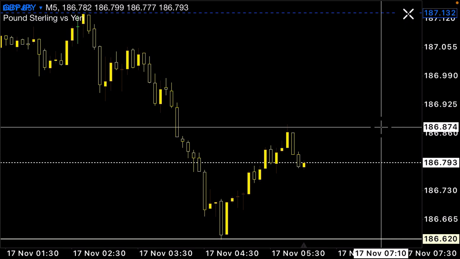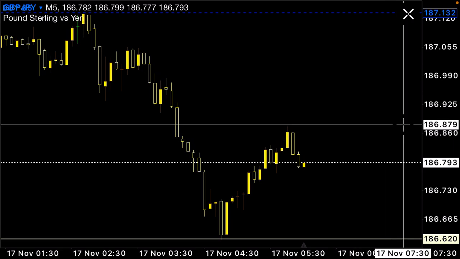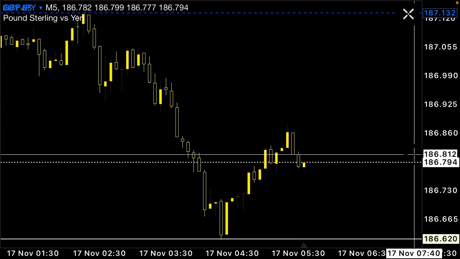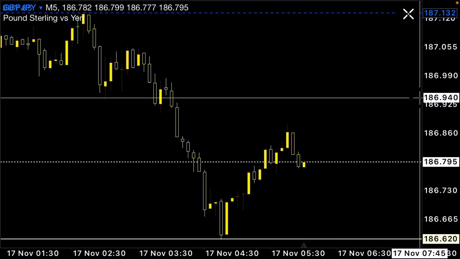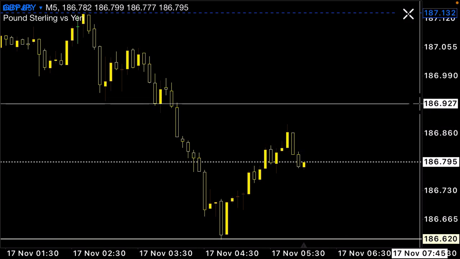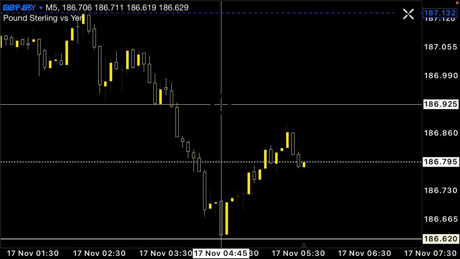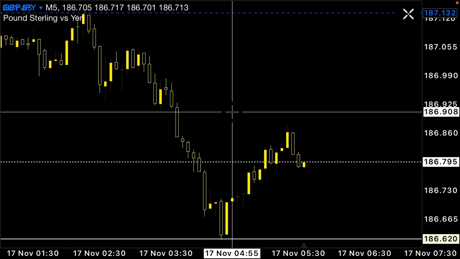And then on a lower time frame, same thing, double top and then come down, and then a double bottom, and then go up again. Double top. So that's how the market functions.